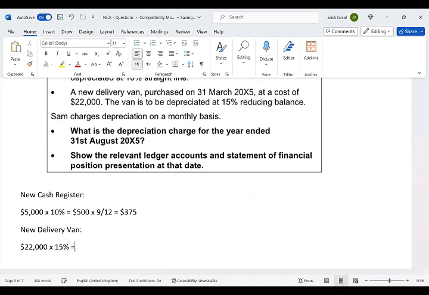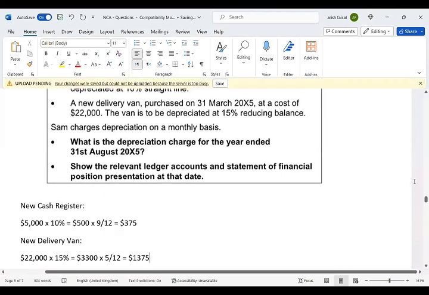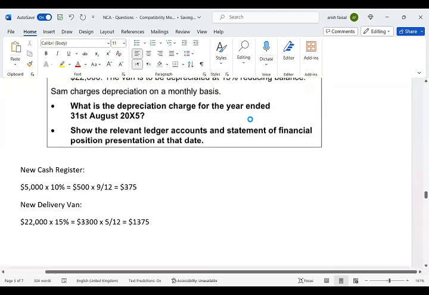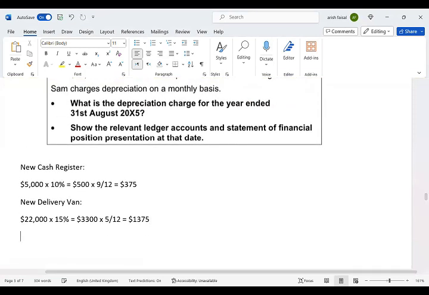Normally for one year, you would have got a depreciation of 3,300, but we need to prorate it by 5 by 12. So 3,300 multiplied by 5 by 12, I get a depreciation of 1,375. So the total depreciation charge would be 1,375 and 375. So that will give me a total of 1,750.